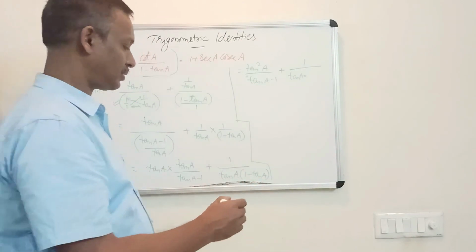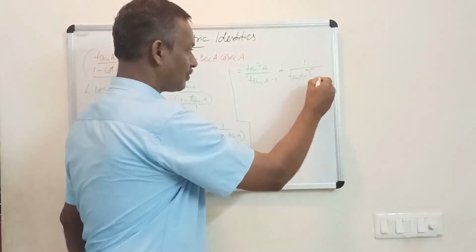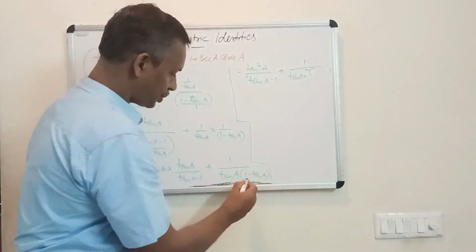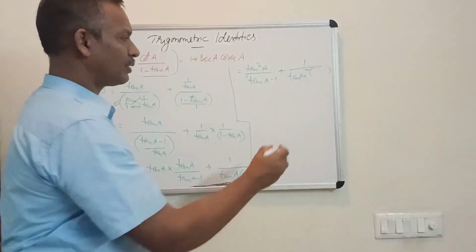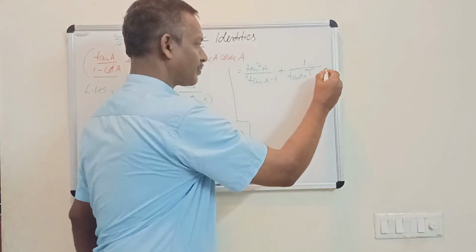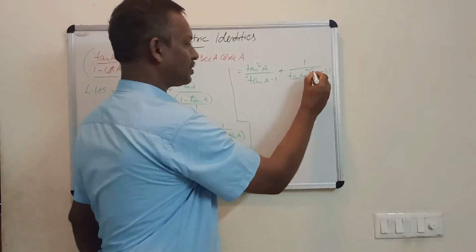In such cases, you have to take a minus common from this. When you take a minus common from these two, this plus 1 will become minus 1, and minus tan A will become plus tan A.